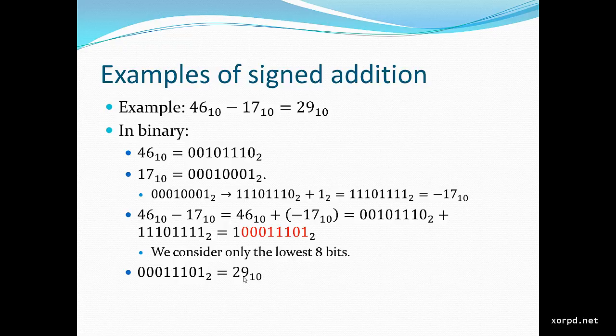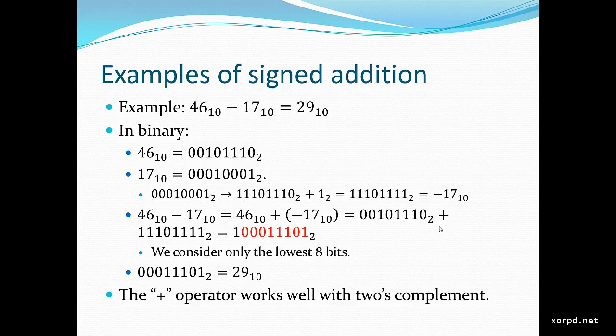And we got it only by using the usual plus operator. That usual plus operator, together with the smart interpretation in 2's complement, managed to solve this subtraction question using only addition. I find it very impressive. We can say maybe generally that the plus operator works very well with the 2's complement interpretation.